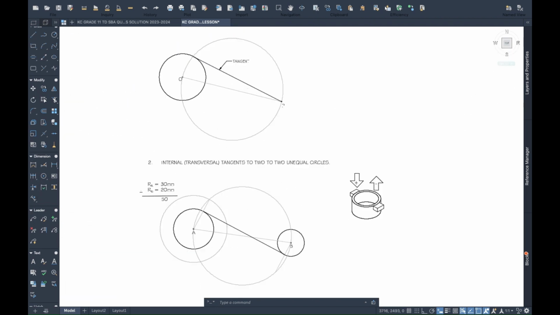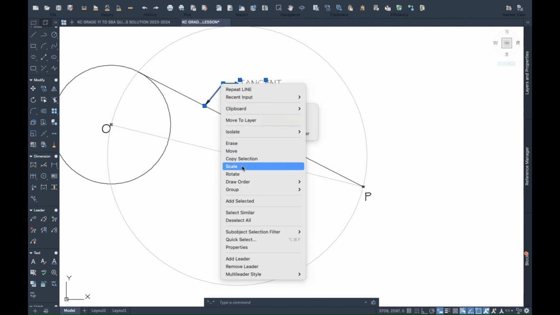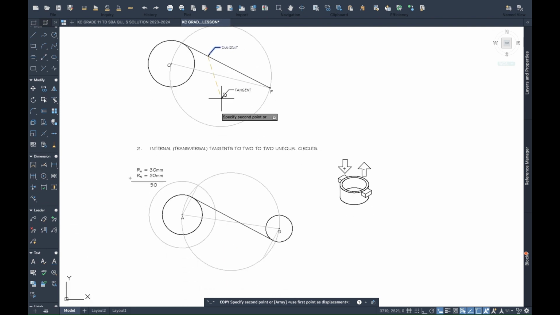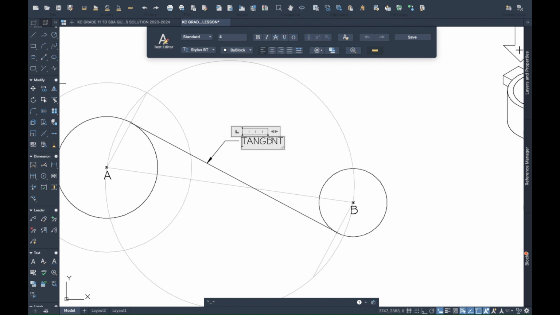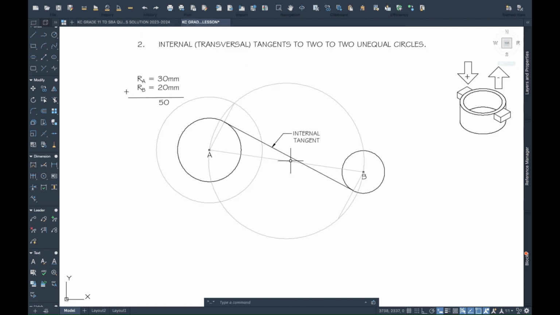I'm just going to copy this one and put it there, because what we're saying is that this is our tangent. But what type of tangent is it? It is our internal tangent. So that is how we get our internal tangent.